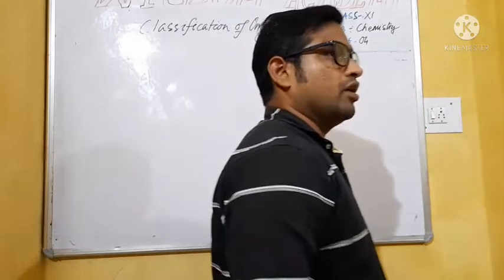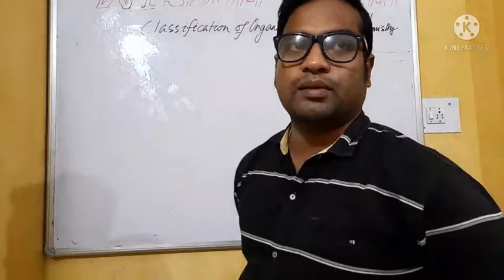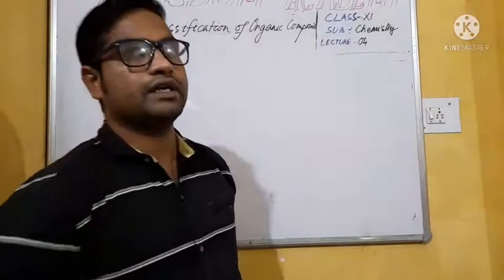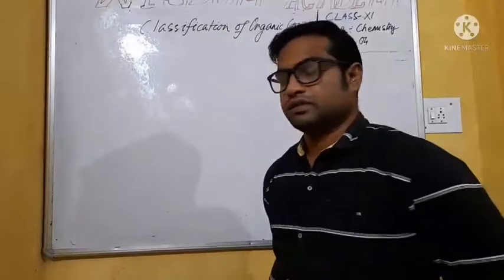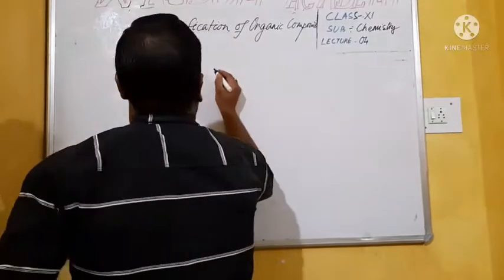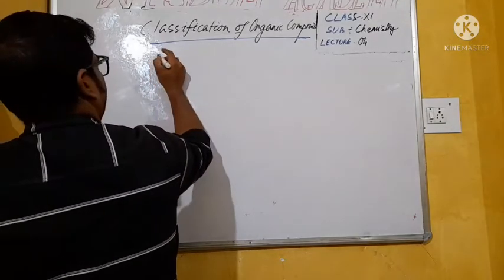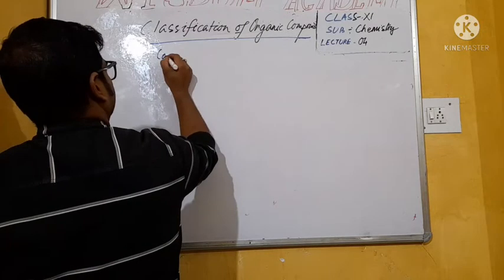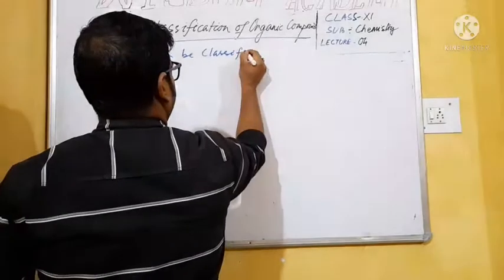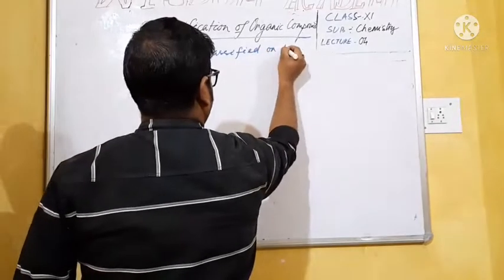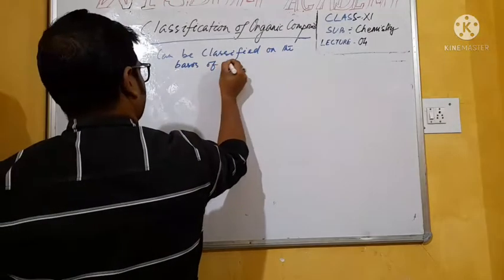Students, all organic compounds are classified on the basis of carbon skeleton, and second, on the basis of functional group. Let's write down, students. You can write: organic compounds can be classified on the basis of two ways.